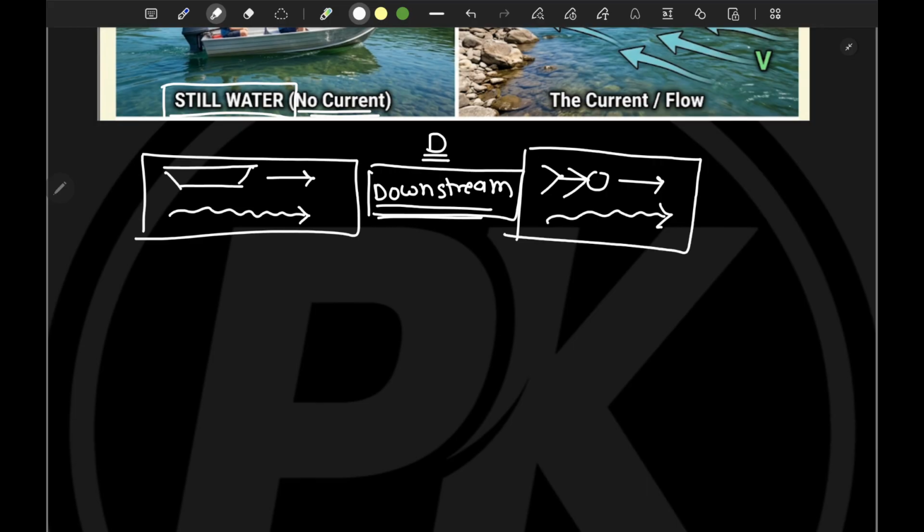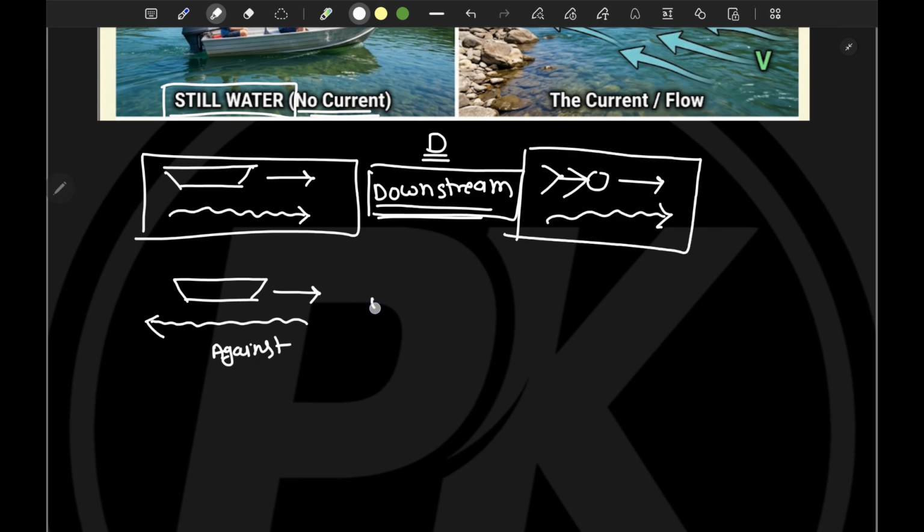Now, similarly, imagine here is a boat which is moving in this direction, but the stream, or the current flow, is in the opposite direction of that boat. That means this boat is going against the stream speed.